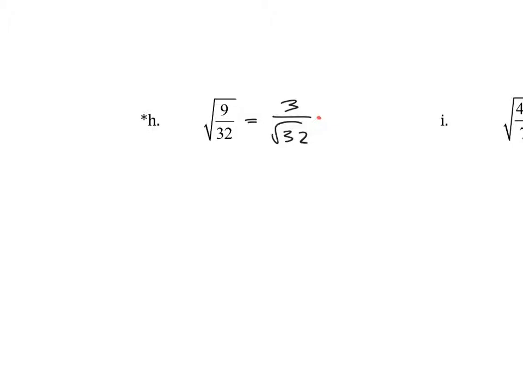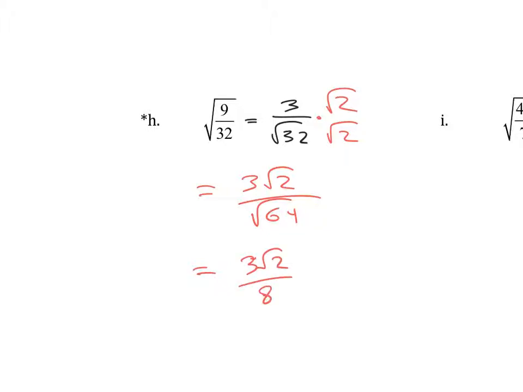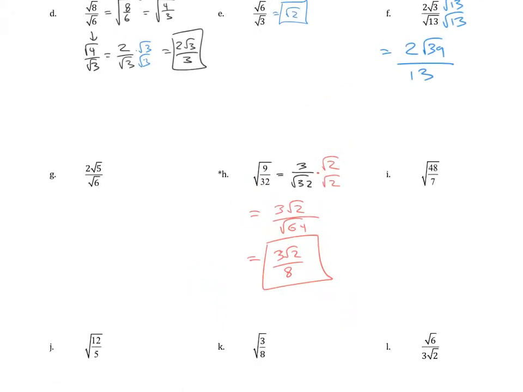I know 32 goes into 64 twice, so I'm going to multiply by root 2 to the top and the bottom. And that way I get 3 root 2 on top, and on the bottom I get root 64. And that makes it 3 root 2 over 8 for my final answer.